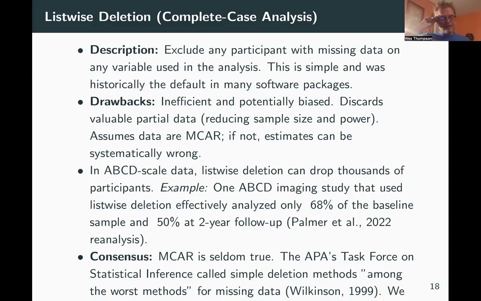The APA's task force on statistical inference called simple deletion methods among the worst methods for missing data. I mean, that's probably true, but I think it's not always indefensible to do this. But you have to be careful about it, and you have to understand that there's the potential for bias in your results.